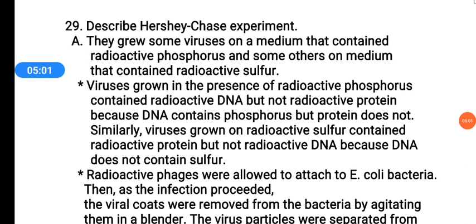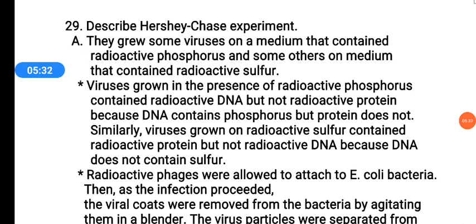So here, we grow the viruses in two different media. In the radioactive phosphorus medium, the viruses that grow contain radioactive DNA, but there is no radioactive protein, because DNA contains phosphorus but protein does not.